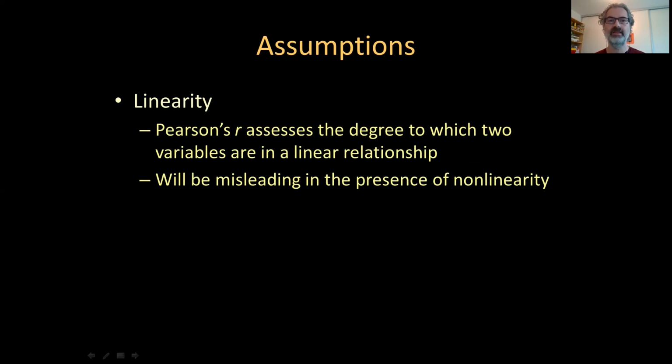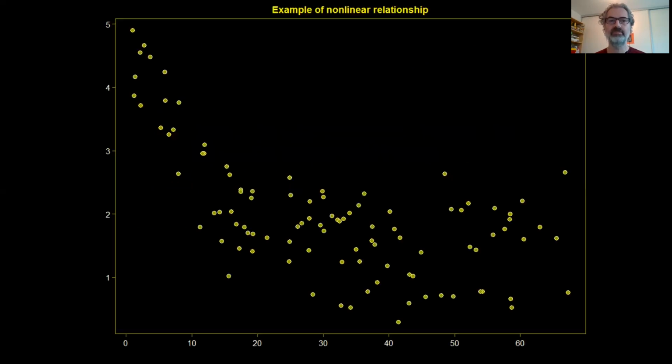Let's see a couple of examples. Here is an example of a nonlinear relationship where we have a negative relationship between the two variables for low values of x. Low values of the variable on the horizontal axis are in negative relationship with values in the other variable, but for values above 20, there is essentially no relationship. It goes a little bit like that.